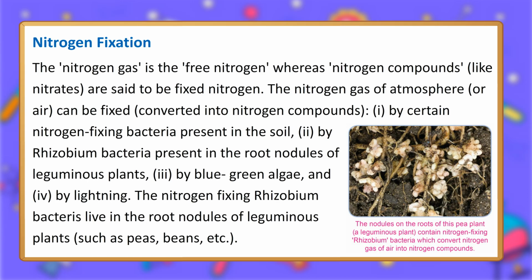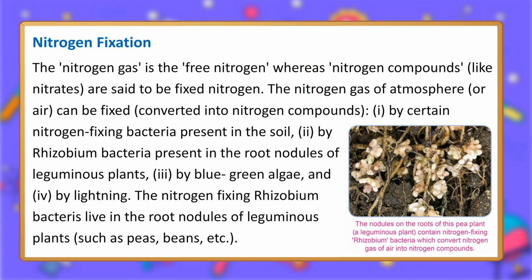The nitrogen gas is the free nitrogen, whereas nitrogen compounds, like nitrates, are said to be fixed nitrogen. The nitrogen gas of atmosphere, or air, can be fixed, converted into nitrogen compounds, by 1. certain nitrogen-fixing bacteria present in the soil, 2. by rhizobium bacteria present in the root nodules of leguminous plants, 3. by blue-green algae, and 4. by lightning.